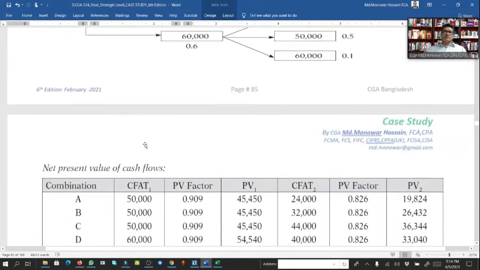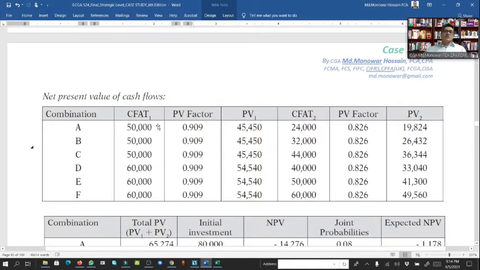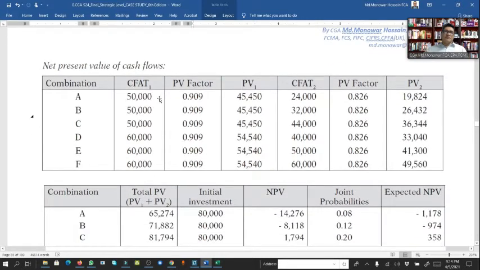So 50,000, 50,000, 50,000 are A, B, C within the first year, first line, and D, E, F are the second year, last line.